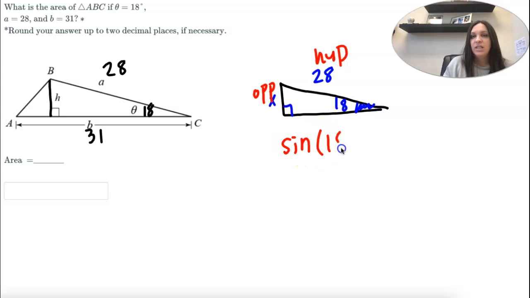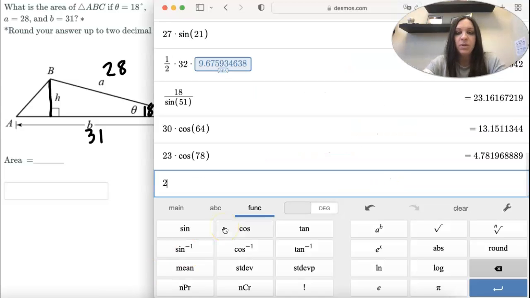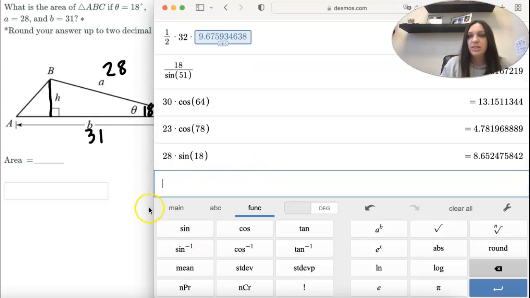Sine of 18 equals x over 28. Times by the denominator on both sides. I love when it's on like that and x is by itself already. Then we just calculate. 28 times sine 18. 8.65.